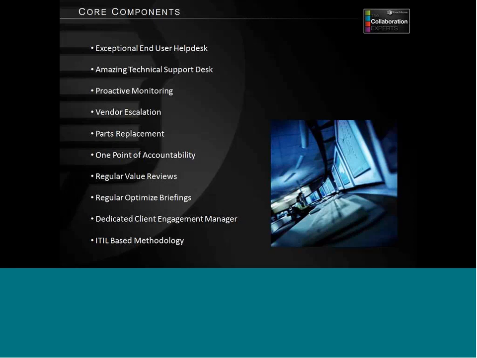An effective proactive monitoring tool can make a huge difference to the way in which you are perceived by your users.